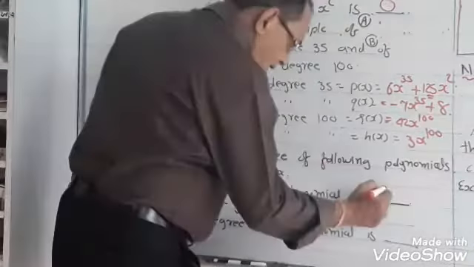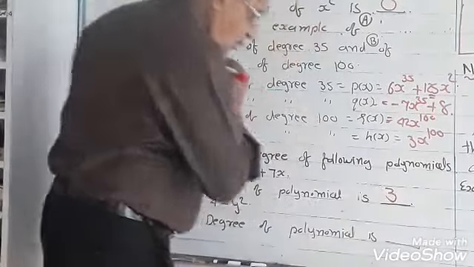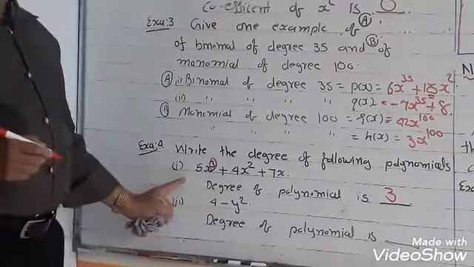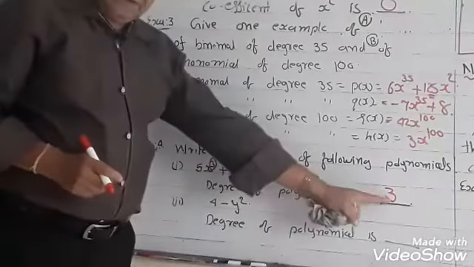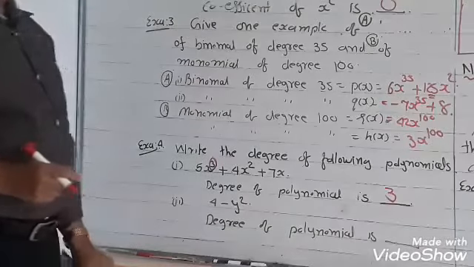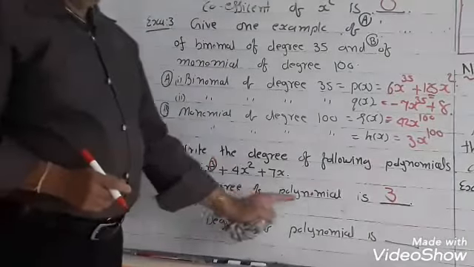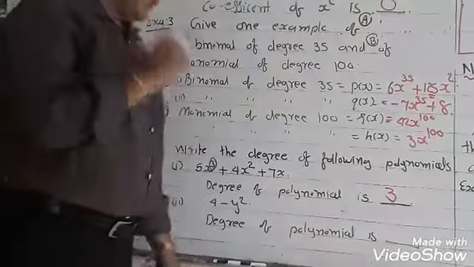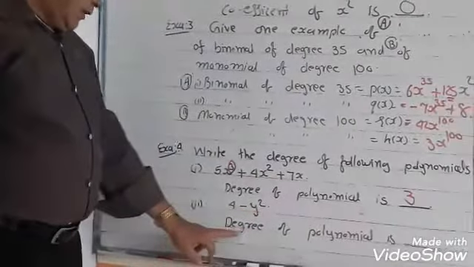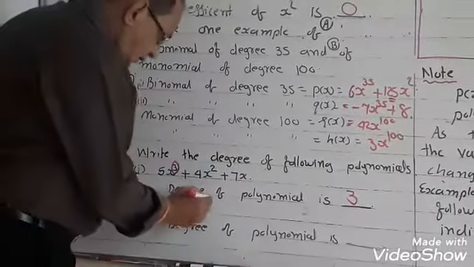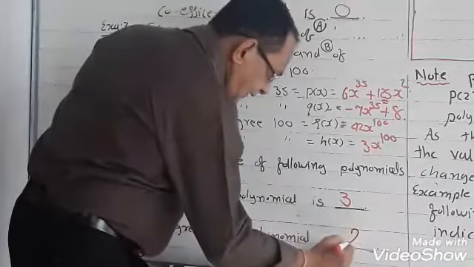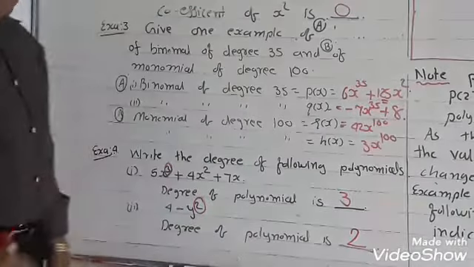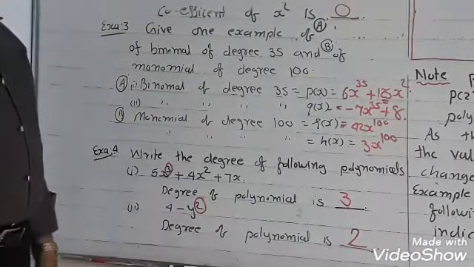Highest is 3, so it is also known as a cubic polynomial, a trinomial. Next, 4 minus y square. Degree equal to what? Here you have written 2. So the answer is 2.